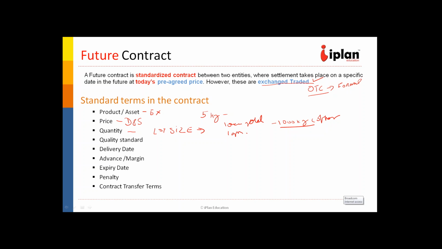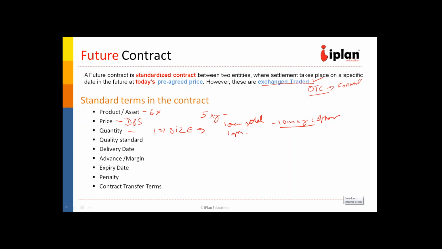For 1 kg they might have a different contract, for 10 kgs they might have a different contract. It's not necessary that you'll get a lower lot size contract also.